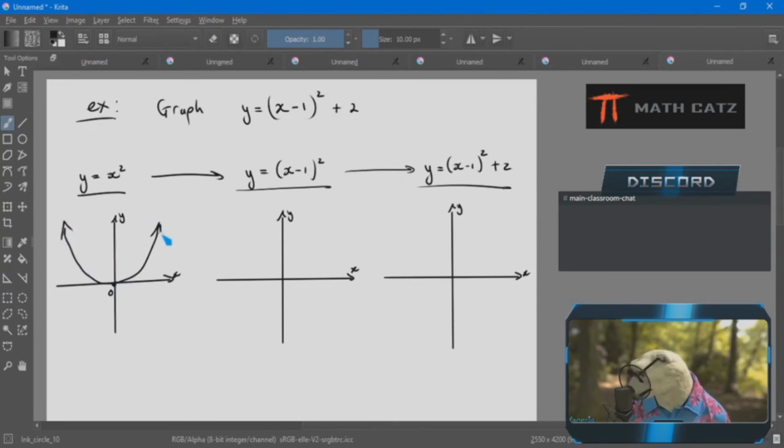So I have my familiar parabola shape because that's the function I start with.